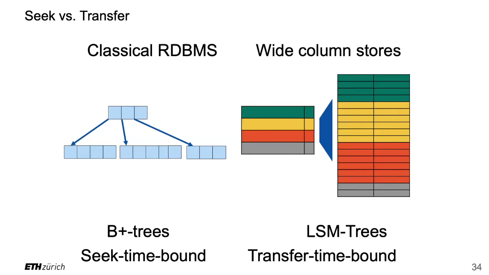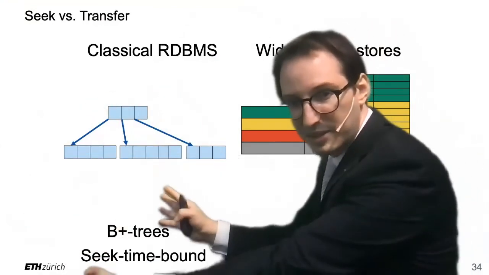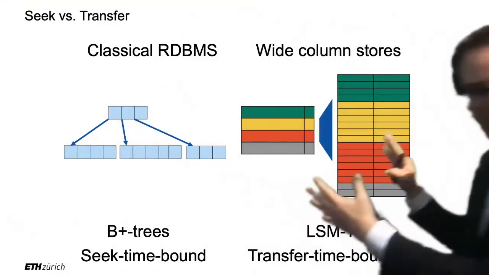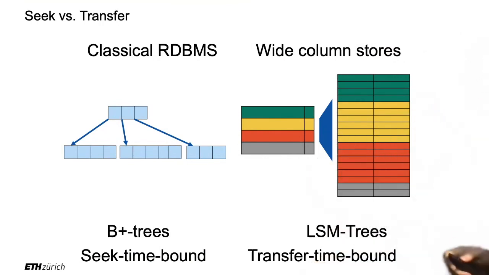It's for point queries, looking for specific values as efficiently as possible. I'm putting the two on the slides, B+ trees and log-structured merge trees. This is what LSM trees means, log-structured merge trees. I'm putting them in contrast with each other. This is seek time bound, it's latency bound. This is throughput or transfer time bound.